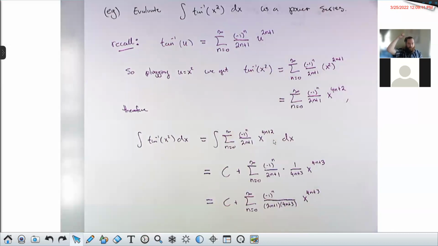That is it. That's your answer. There's no need to solve for c here, because the problem I was given was this indefinite integral. They didn't say find a series for some function. They said find a series for this indefinite integral. And we know when we do indefinite integrals, we get a plus c. So it's chilling. You're done.